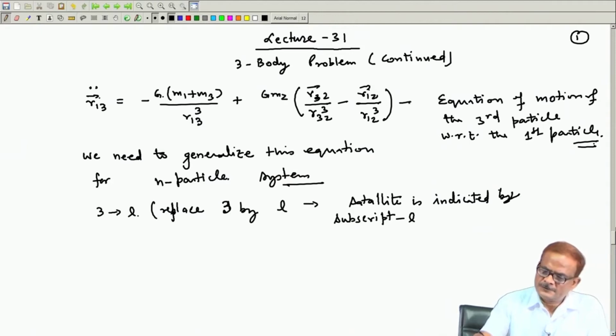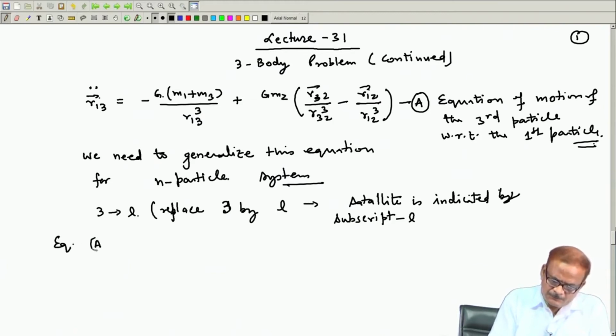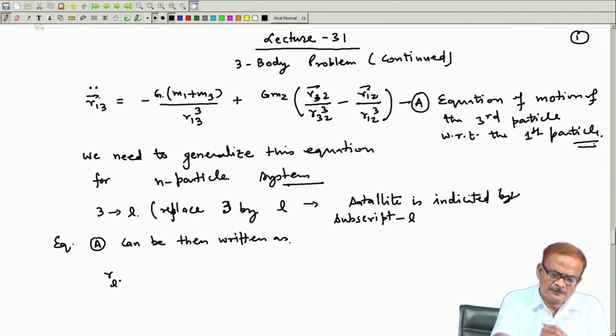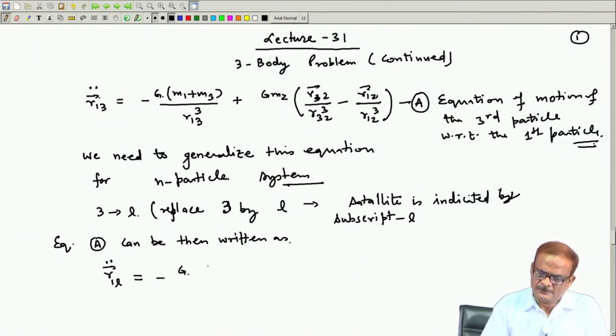Therefore, equation A can then be written as R 1 L double dot equal to minus G. Here we have missed out this term R 1 3, G times m 1 plus m 2 m 3 divided by R 1 3 whole cube.